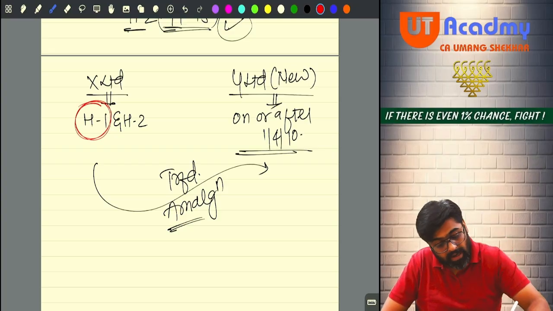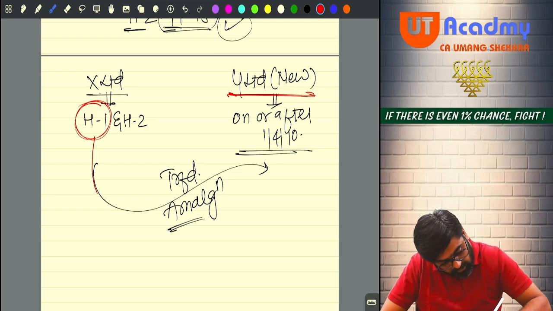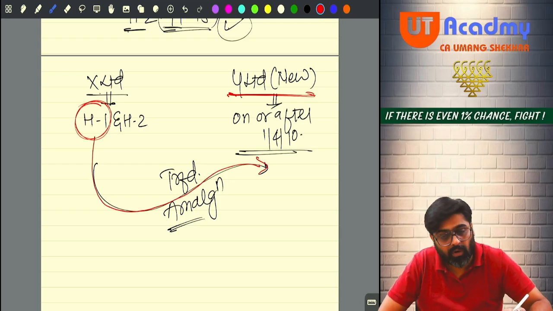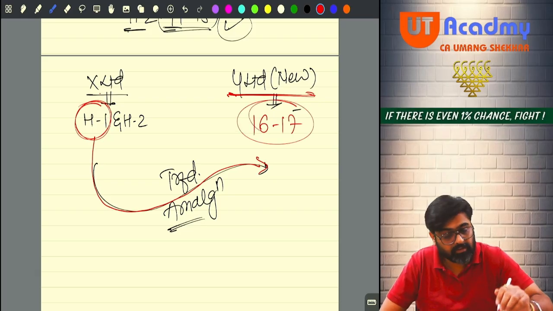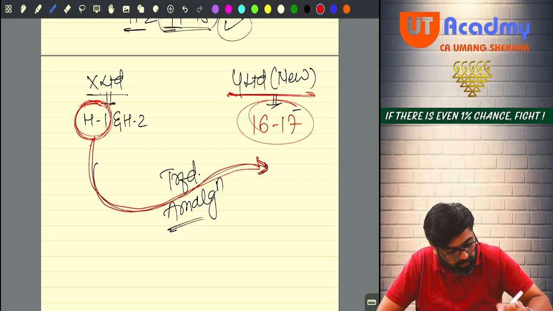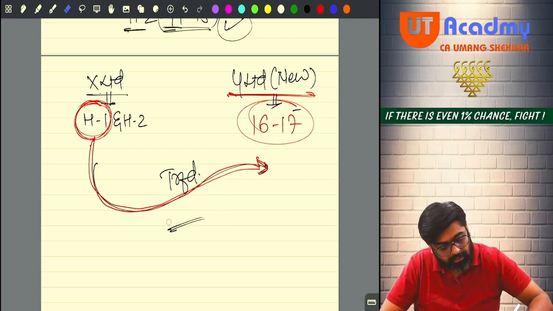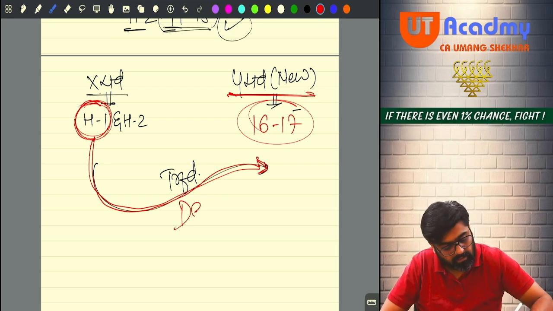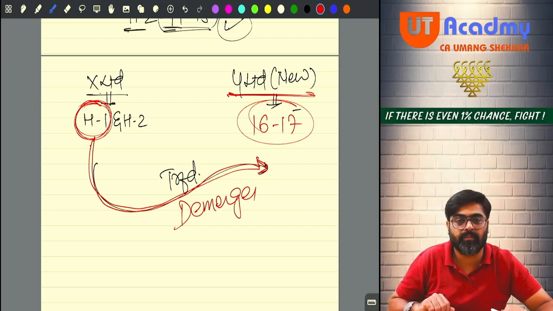This new company was formed on or after 1st April 2010, say in 2016-17. In 16-17, your hotel 1 business was transferred to Y Limited. This is not amalgamation. This is demerger, a splitting up of the existing business.